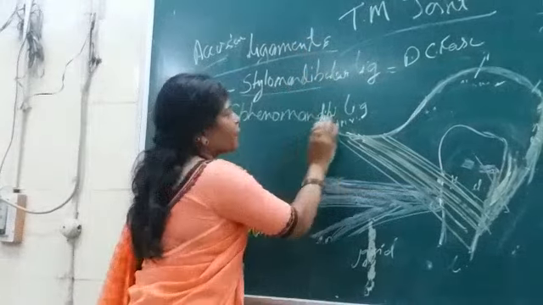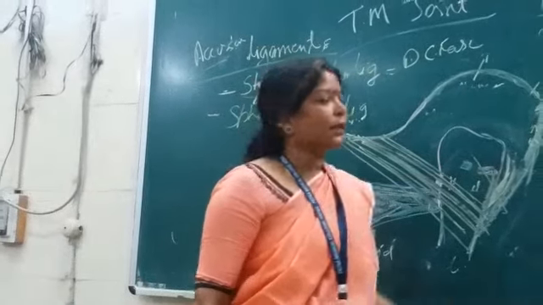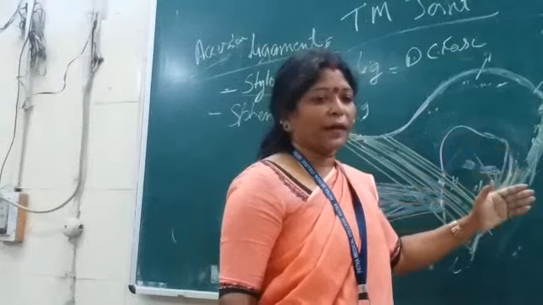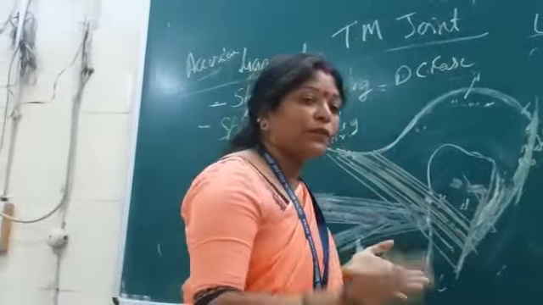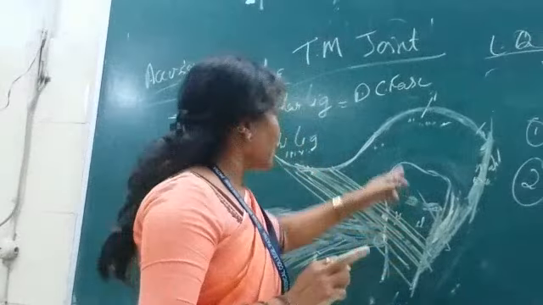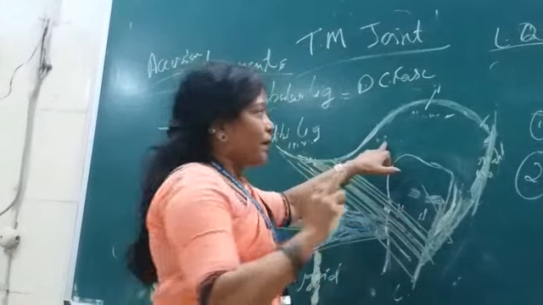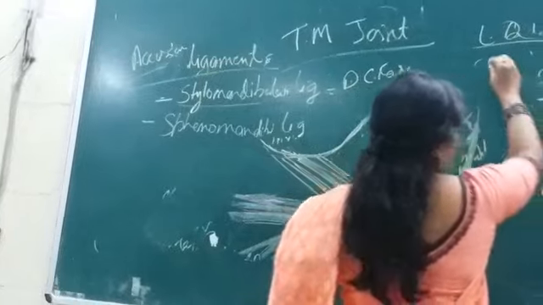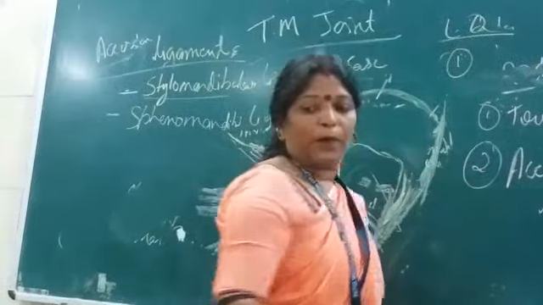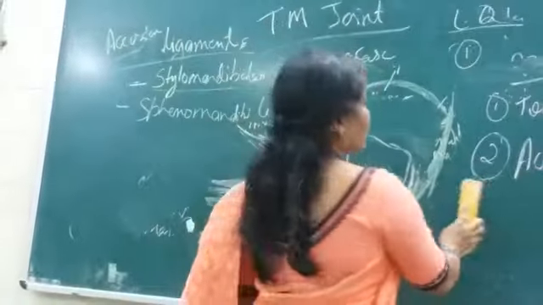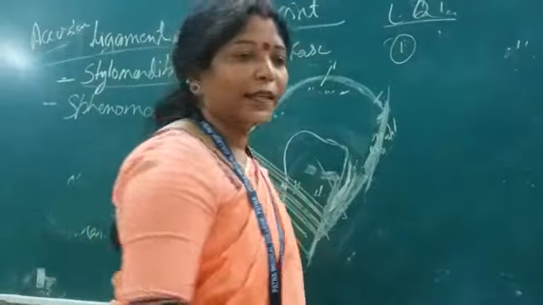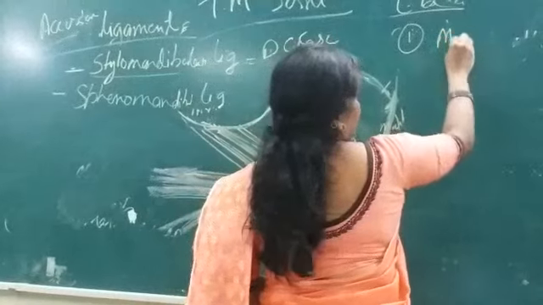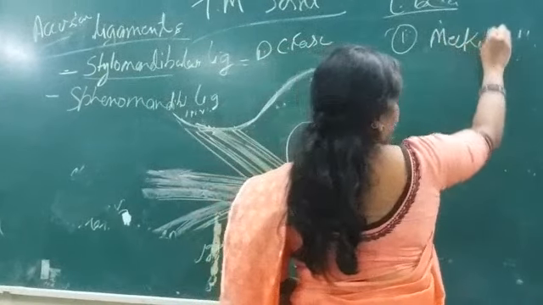But the sphenomandibular ligament is not the condensation of any fascia. In the embryology class, when you discussed the first pharyngeal arch, mind it, Meckel's cartilage, I have discussed it in the embryology classes. The cartilaginous component of the first pharyngeal arch is Meckel's cartilage. A very important point here.